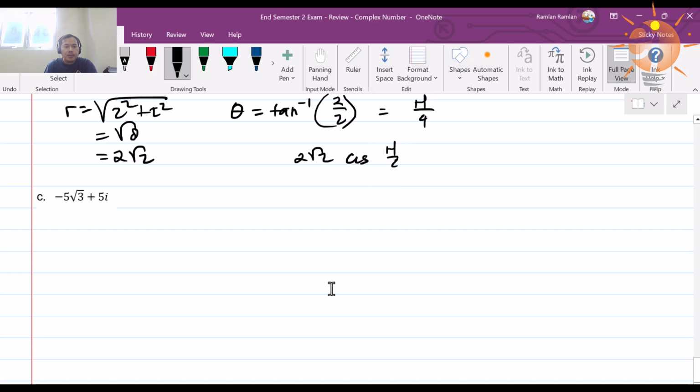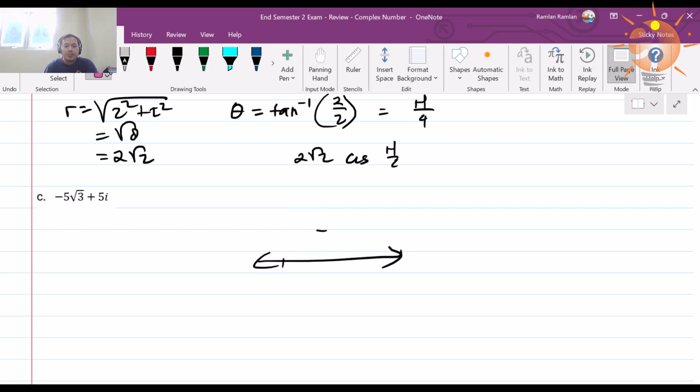We have the x value, the real part, is negative, and then the imaginary part is positive. When you go to the Argand diagram, the negative 5 square root of 3 is over here, right, and the plus 5 is over here, so you go there. So you're going to be in the second quadrant. It means that the angle should be more than 90 degrees or more than pi on 2, or less than 180 degrees or less than pi, right? So be careful with that.